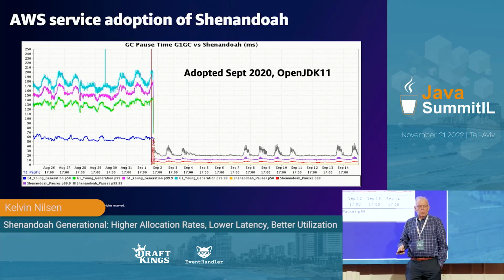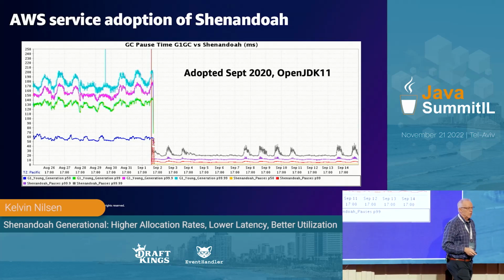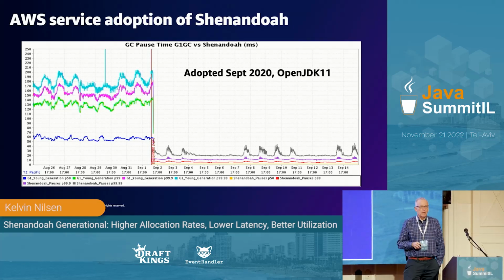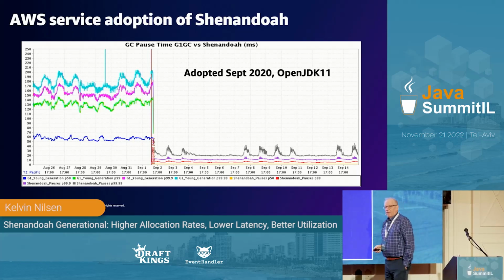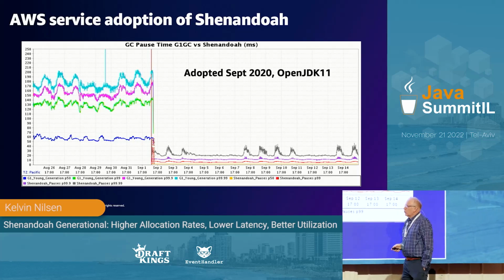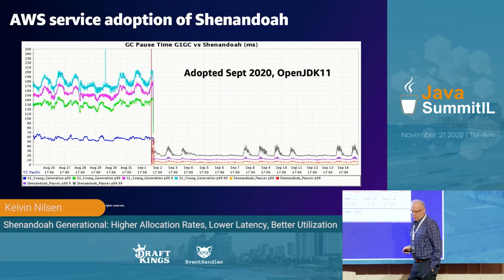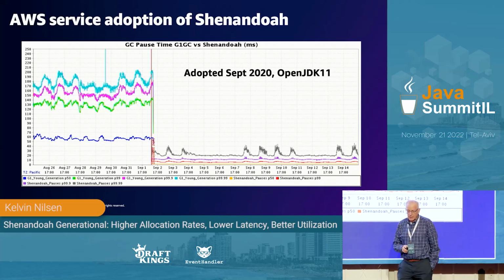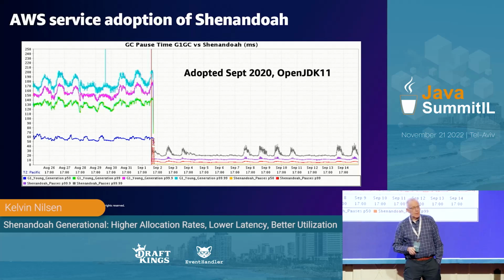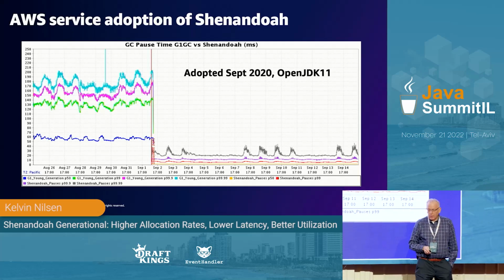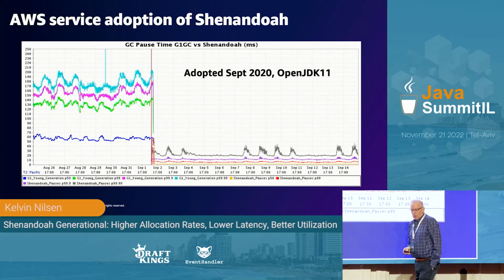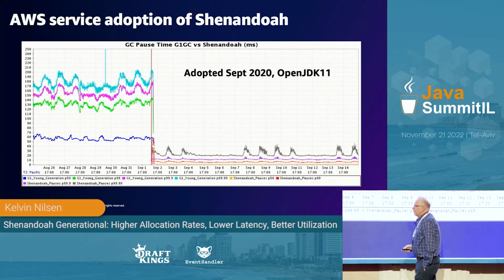To motivate this work, I want to describe some of the AWS services that have made the transition to Shenandoah from previous collectors. In this case, around September 2020, we had a service that was running with the G1 garbage collector.